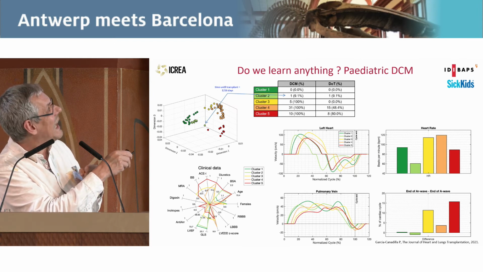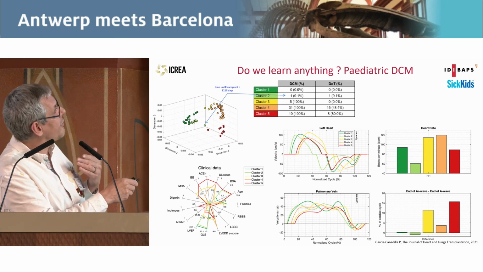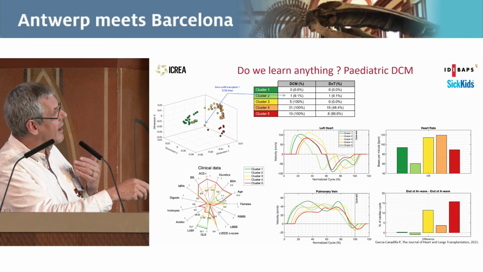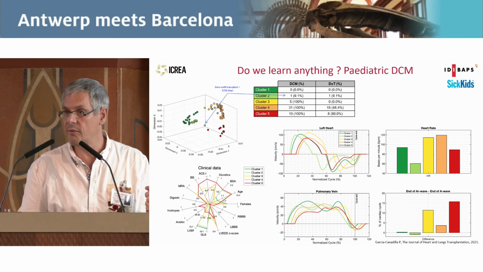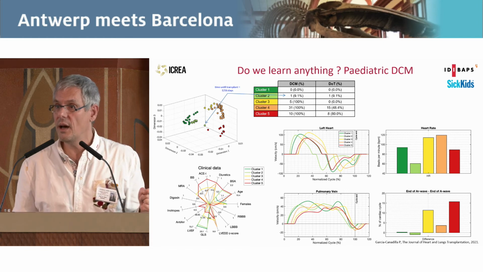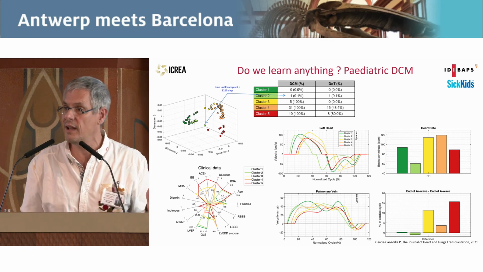You have a very late peaking of the aorta, which we know is related to myocardial dysfunction. We see kind of fusion. And we also see a very delayed reversal in the pulmonary vein. But what you don't see, and what you would expect in this population, is any restrictive filling.